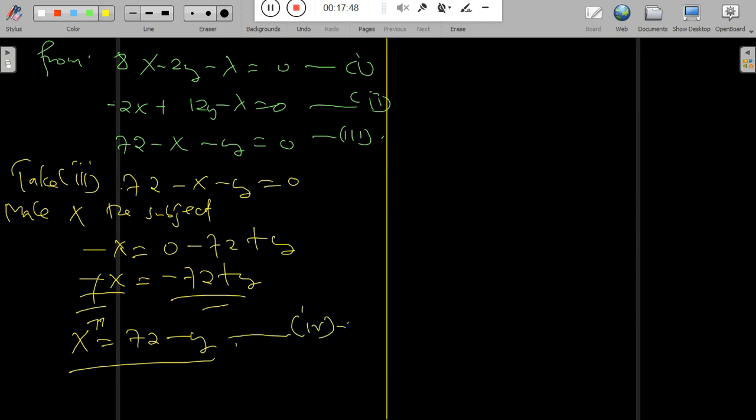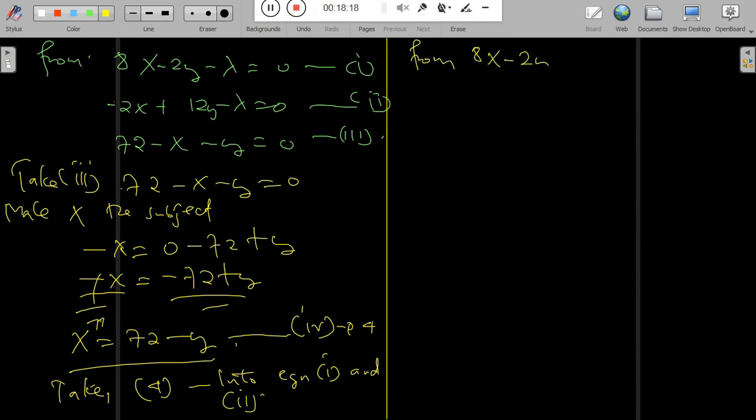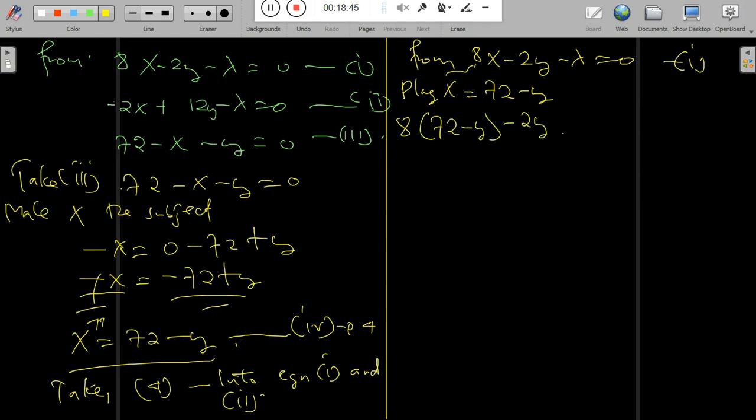Now let's consider the second-order conditions of the given function, and we plug in the value of x into the first and second derivative equations. We take 8x − 2y − λ equal to 0 and plug in the value of x. So it will be 8 times (72 − y) − 2y − λ equal to 0.